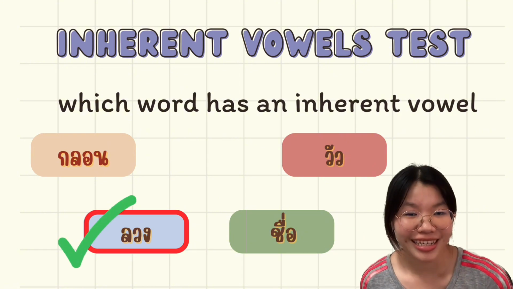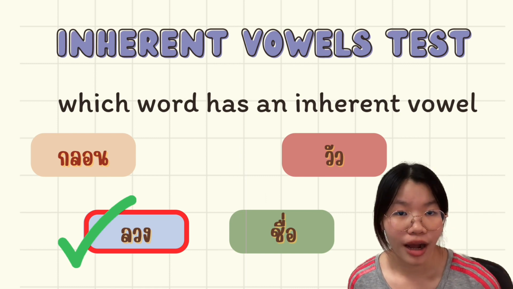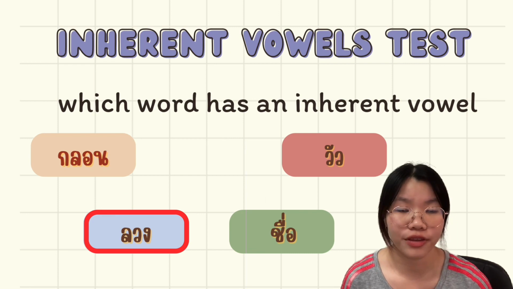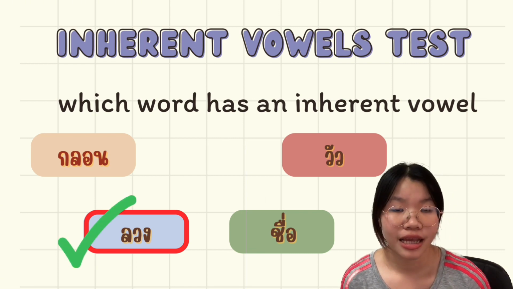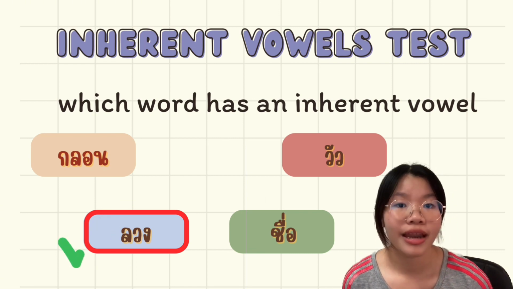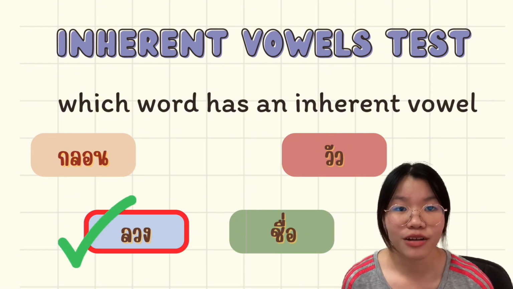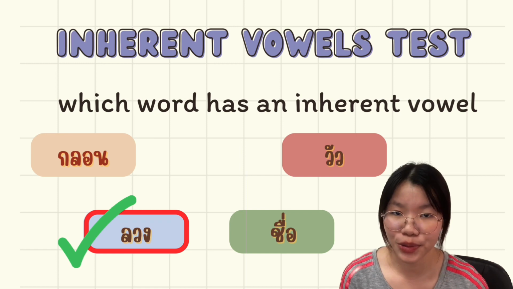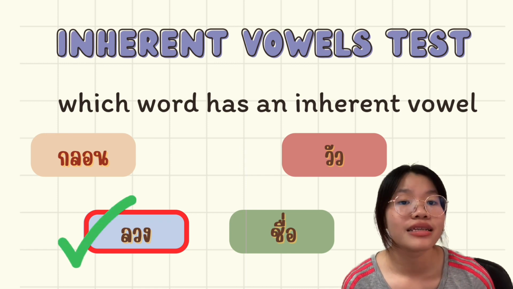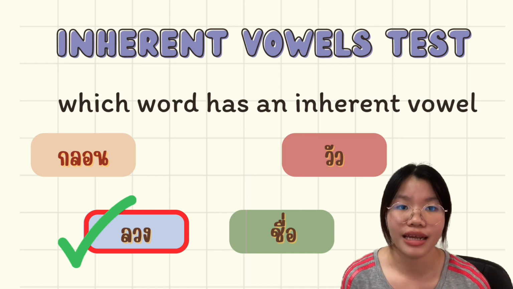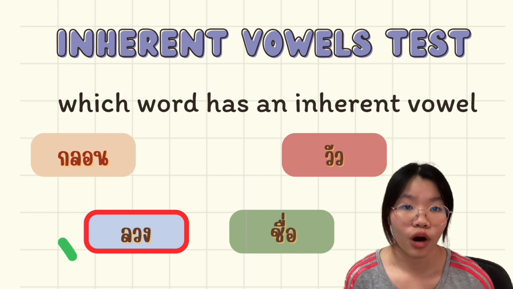The correct answer is รวง because the second consonant of the word is วอแหวน and it has a final consonant, so you can assume that it can be สระอัว where ไม้หันอากาศ is reduced or omitted.